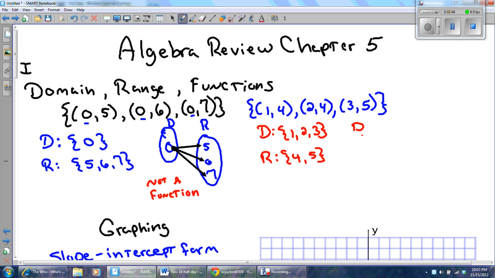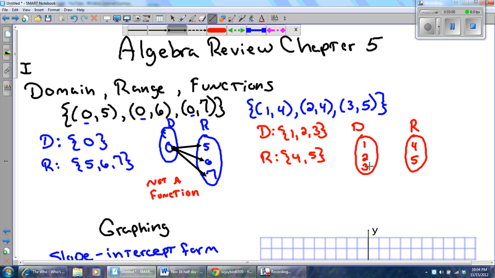My domain would be 1, 2, 3, and then my range would be 4 and 5. And let's see, I've got 1 needs to go to 4, and 2 needs to go to 4, and 3 needs to go to 5.